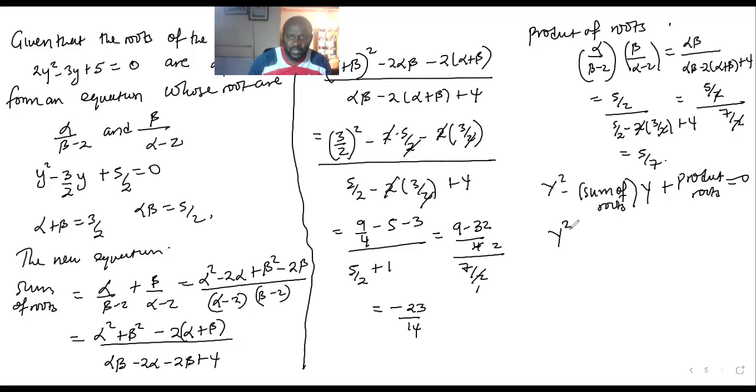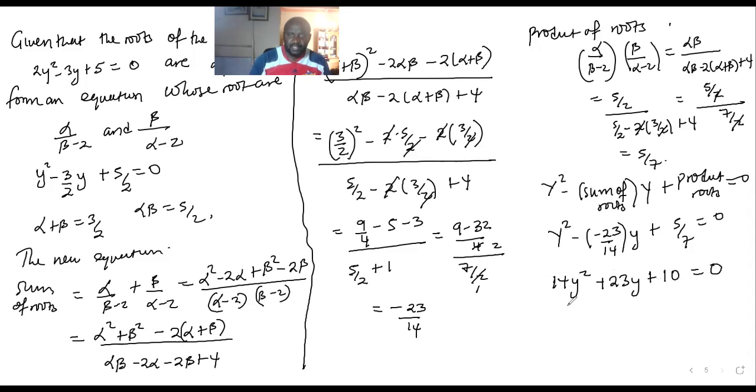So y squared minus negative 23 over 14 of y plus the product, which is 5 over 7, is 0. When I multiply everything by 14, I realize 14y squared plus 23y plus 10 is equal to 0. If you want to check whether you're correct, you investigate by equating this to 0 and see whether you get this answer.